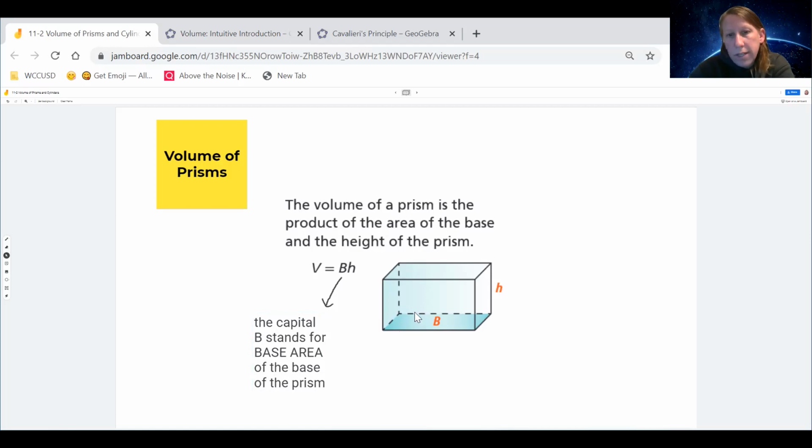And if you found this area and then you multiplied it by how many layers you had, by the height, that's going to give you how many cubes can fit inside of this. We want to start filling it with cubes, right? We want to see how many cubes would fit in the bottom, and then how many rows do we have? How many layers?